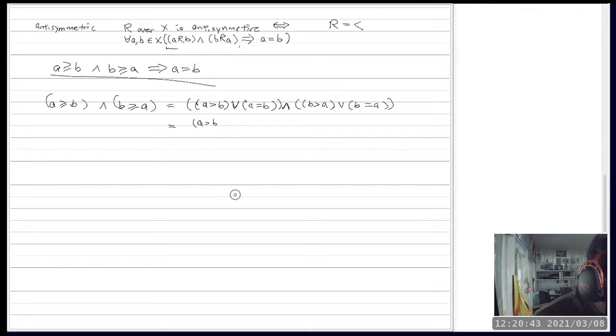A is greater than B and B is greater than A, that's the first component of the FOIL. Then we have A is greater than B and B equals A, that's the second one. And then we have A is equal to B and B is greater than A.